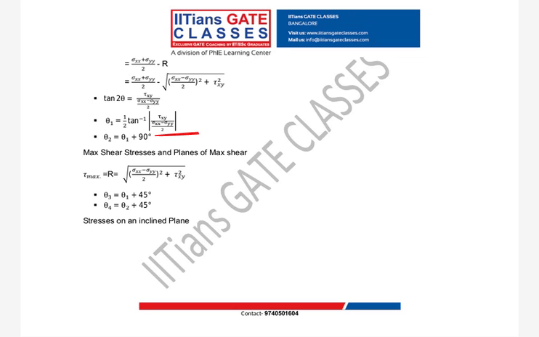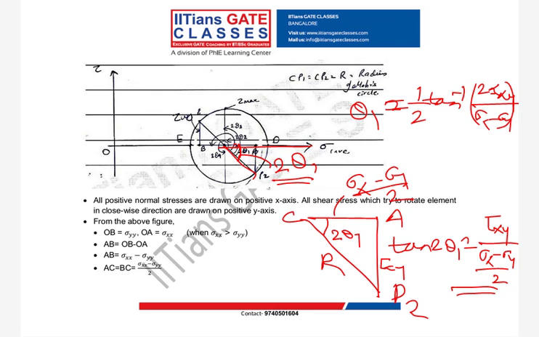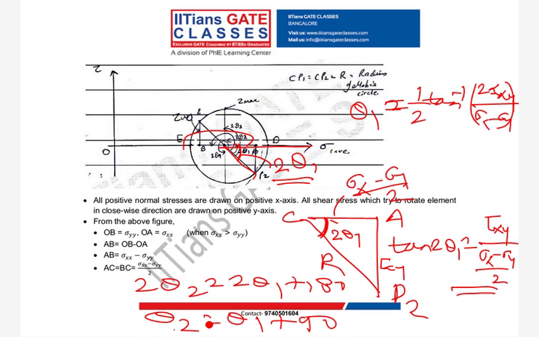Now you can see here in the Mohr circle itself, if this is 2 theta 1, then this total is 180, right? So your 2 theta 2 is 2 theta 1 plus 180. So what is theta 2? Theta 1 plus 90.